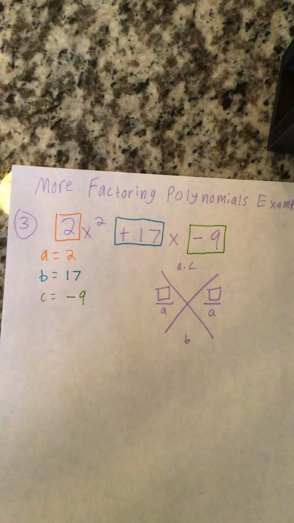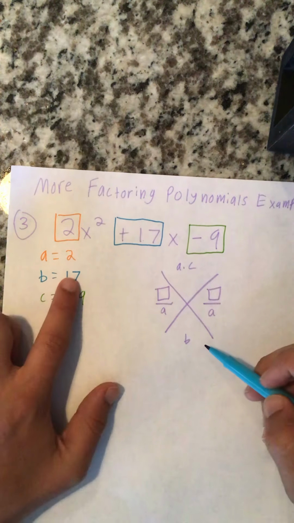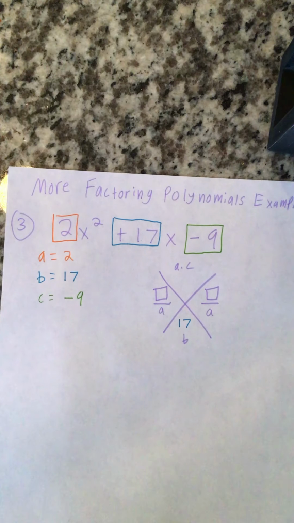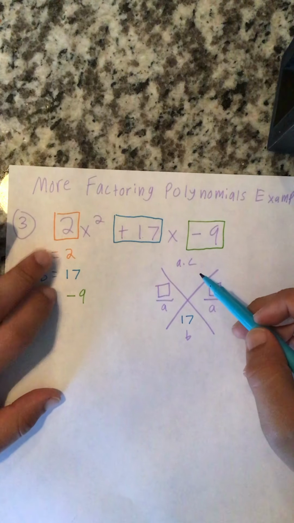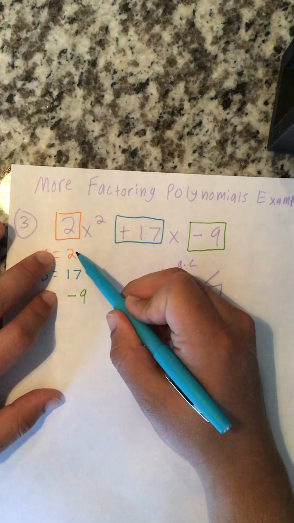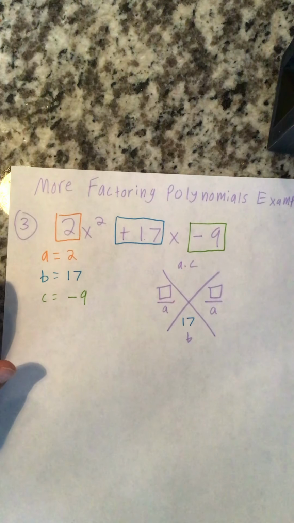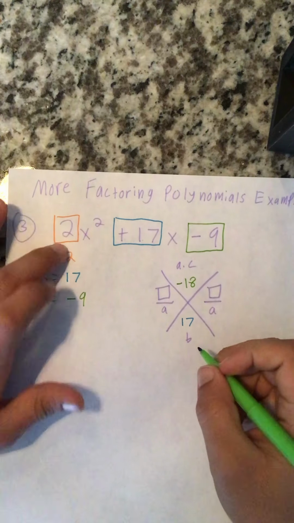So let's fill in what we have. Let's start with the B, okay? The B is 17, so I'm gonna put a 17 right here. Okay, A times C, now I have to multiply these. So I do 2 times negative 9, and I get, let's use green, negative 18. And if you want to put that in the calculator, that's fine.